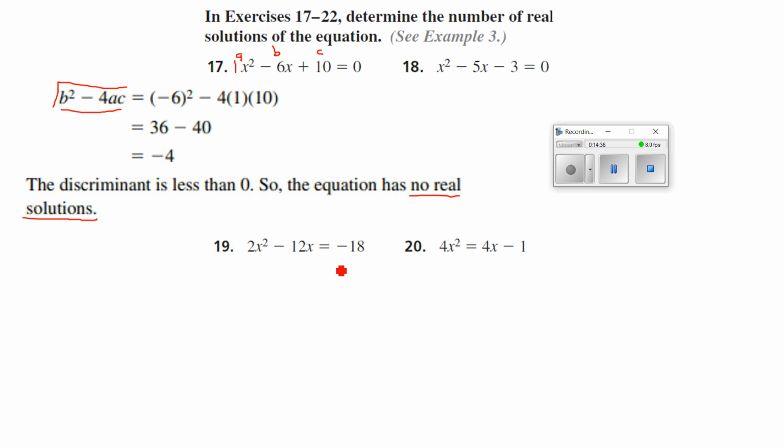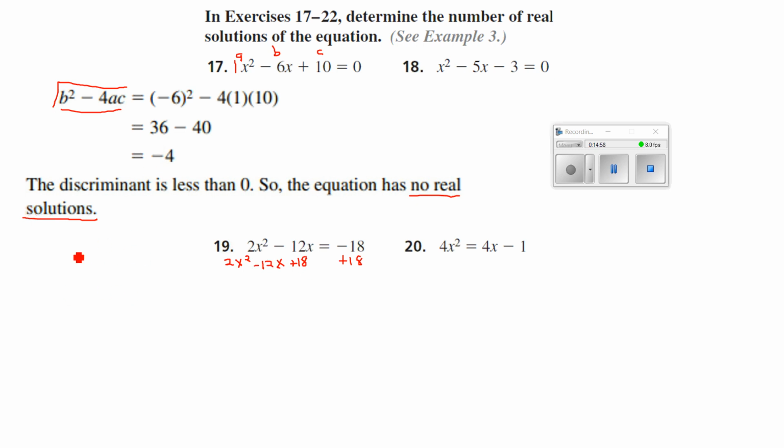So on this one, we're going to go ahead and add 18 to both sides. So this is going to be 2x squared minus 12x plus 18. And again, we're going to put it inside there.